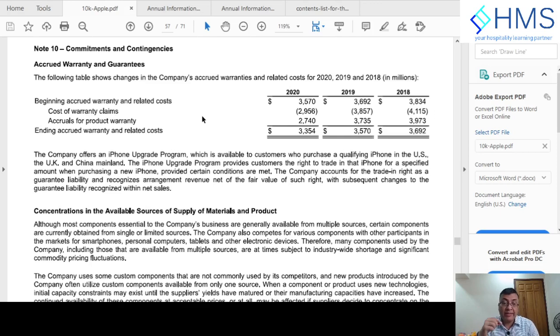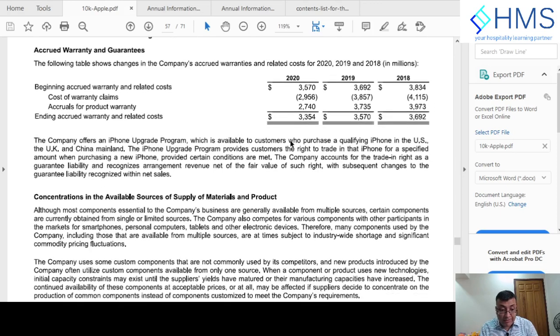The company has actual settled claims, the cost of settling the warranty claims, of about 2,900. The new accruals are 2,700, which are for new sales. So the ending accrued liability is $3.5 billion. $3.5 billion worth of warranties are still pending with the company. But since it's a stagnant amount and is not changing quite a lot, it's nothing to worry about.